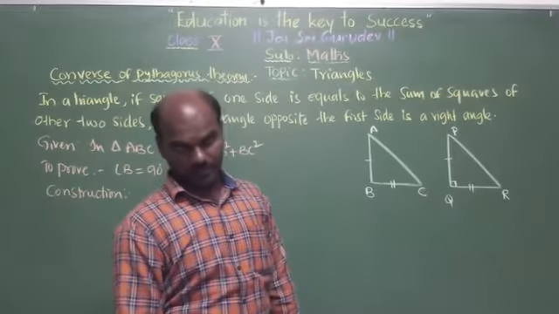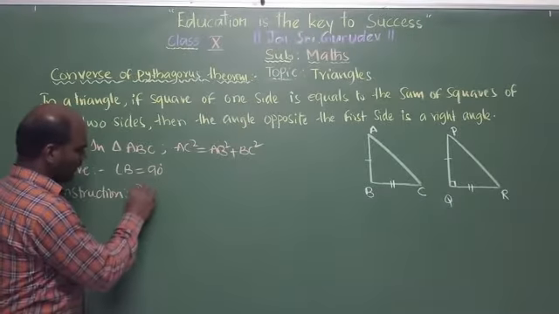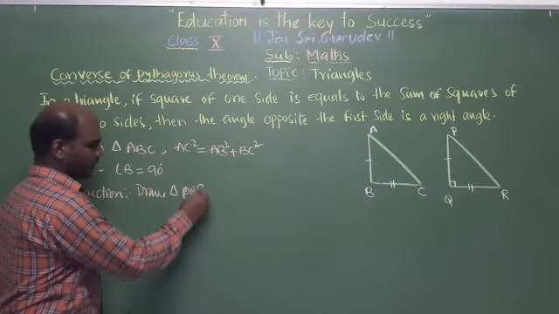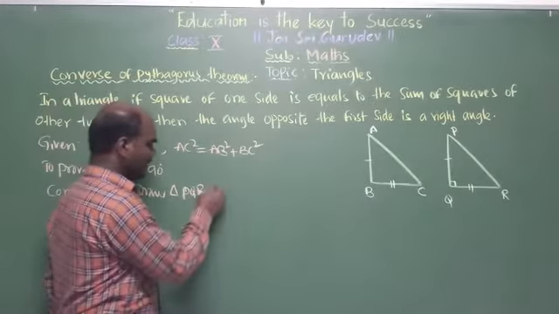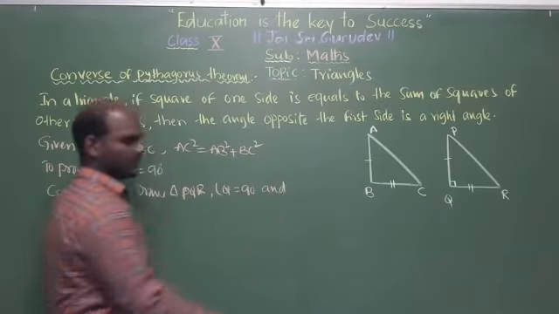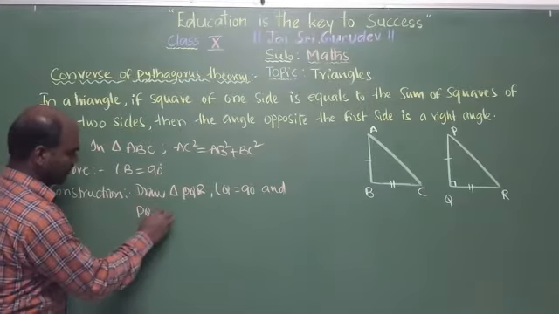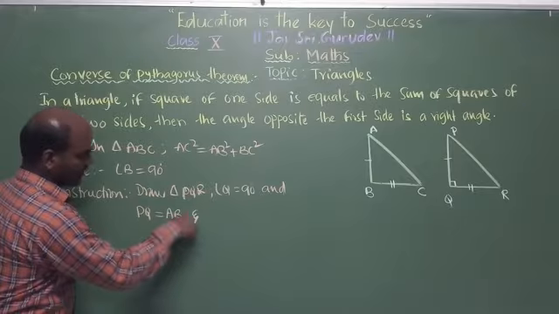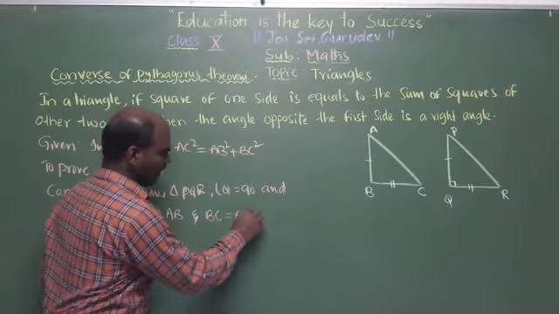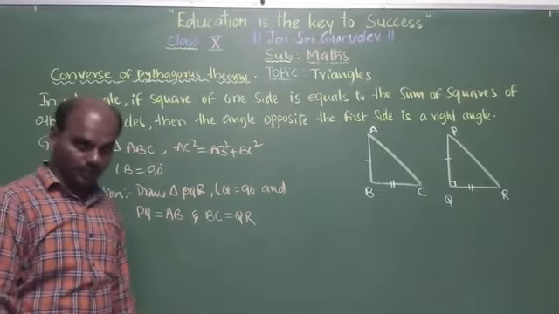So, draw triangle PQR with angle Q equal to 90 degrees, PQ equal to AB and BC equal to QR. That is the construction part.